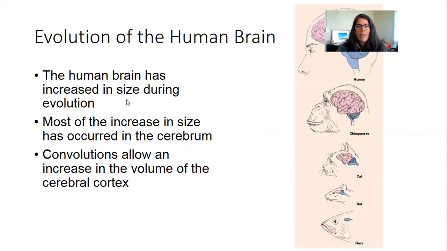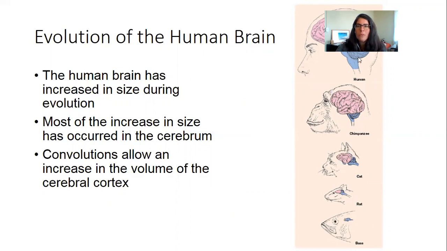So the human brain has increased in size during evolution, and the increase in size has occurred mostly in the cerebrum. And we've talked about this area quite a bit most of this semester, right? And you can see the difference in size, right, from these separate species.